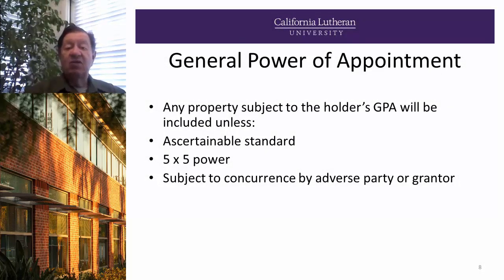The one that we mentioned back in week 2, the general power of appointment: if it's in the estate, it's going to be part of the estate unless there was an ascertainable standard or a 5x5 power. And then the one that's missed probably the most is subject to concurrence by an adverse party or the grantor.